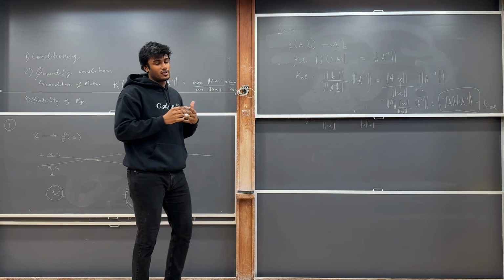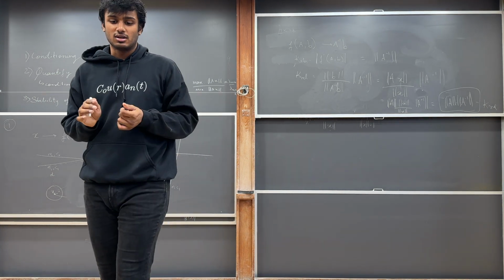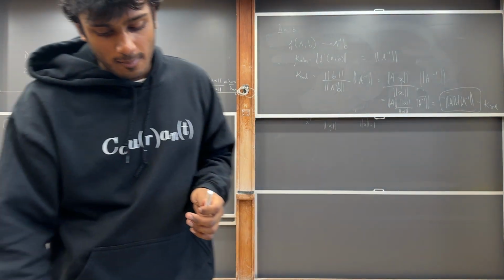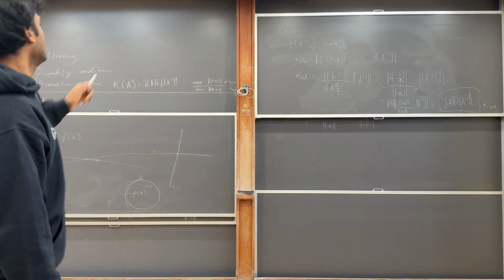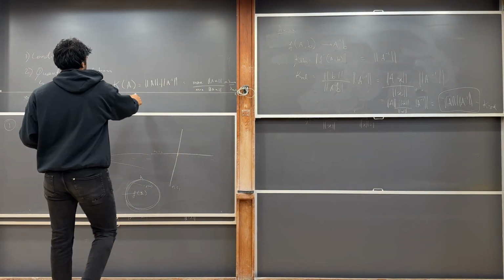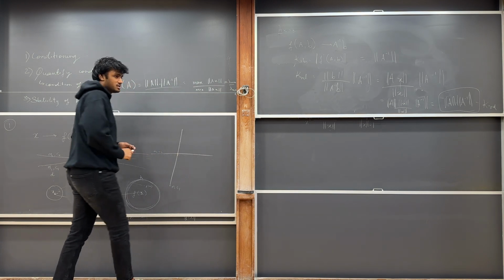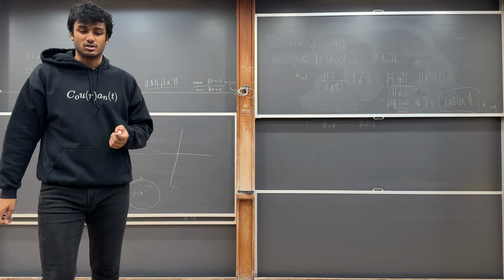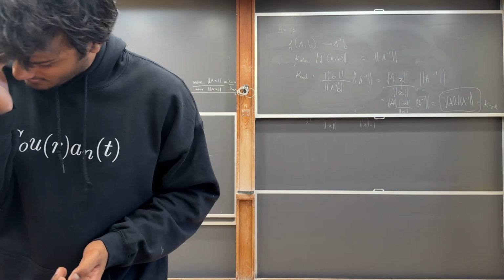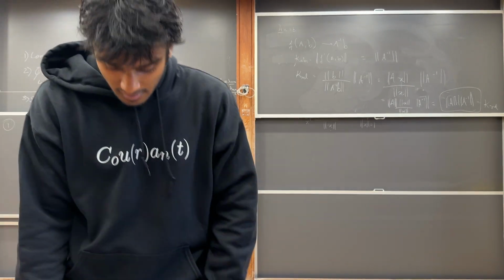For a general matrix, this becomes the maximum singular value divided by the minimum singular value. So, keeping this in mind, this is the condition number of a matrix. This is an important definition. Okay?